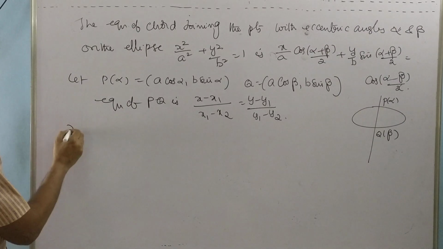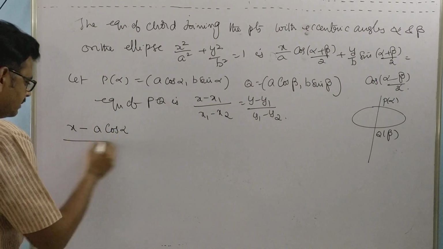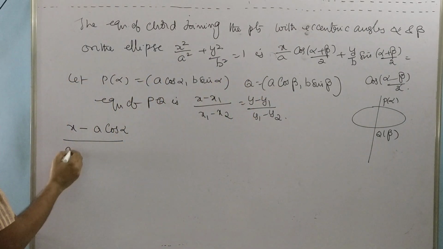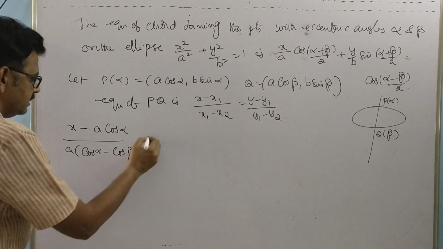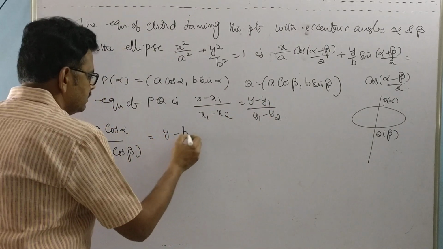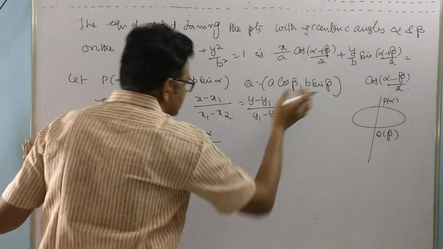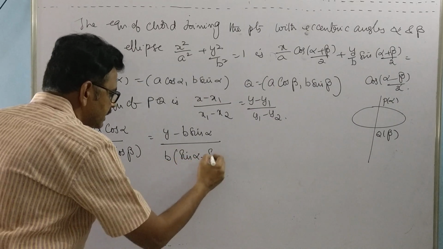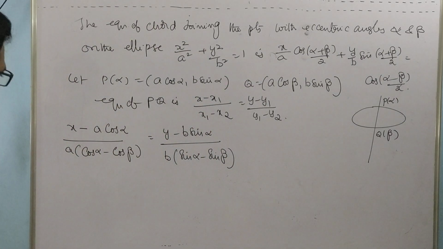Now x minus x1, where x1 is a cos alpha, by x1 minus x2, taking a common, is a (cos alpha minus cos beta), is equal to y minus y1 by y1 minus y2, taking b common, is b (sin alpha minus sin beta).